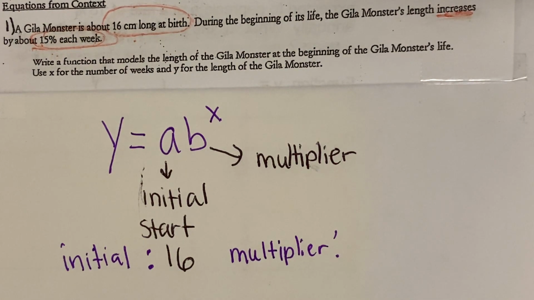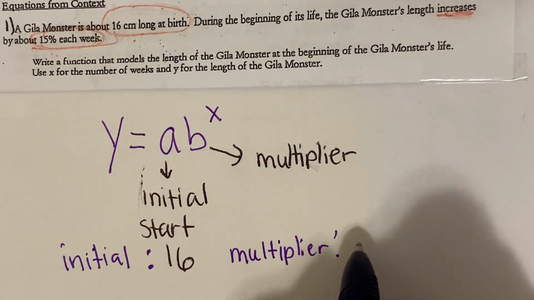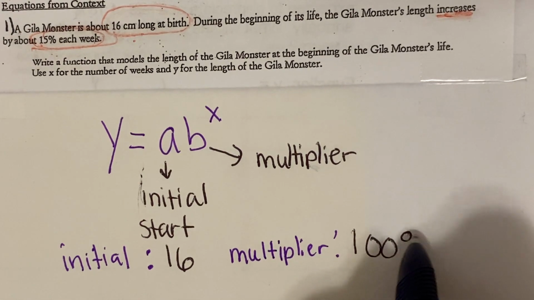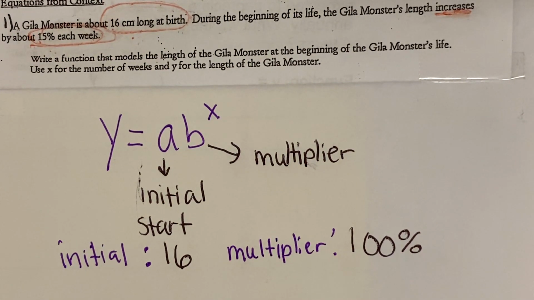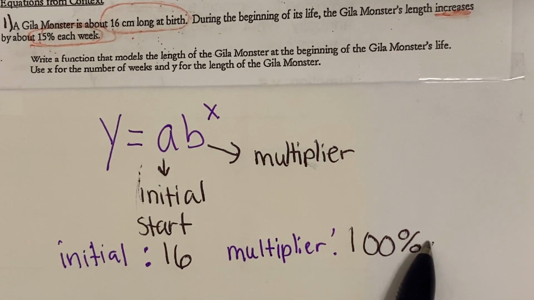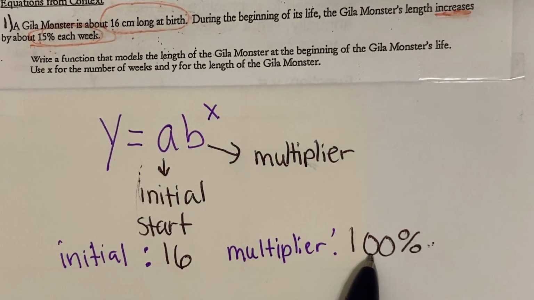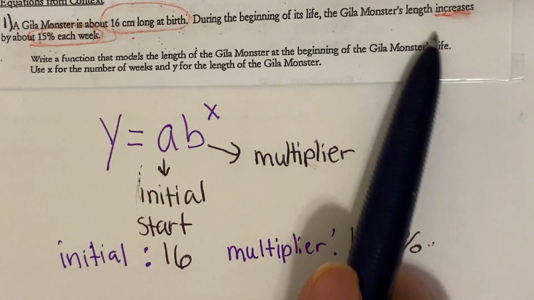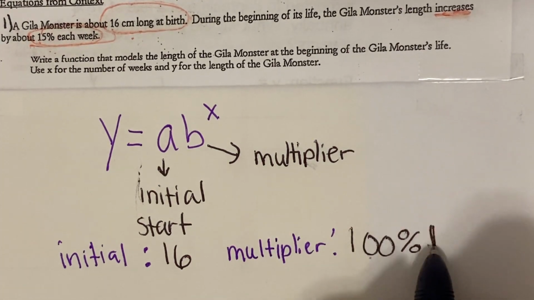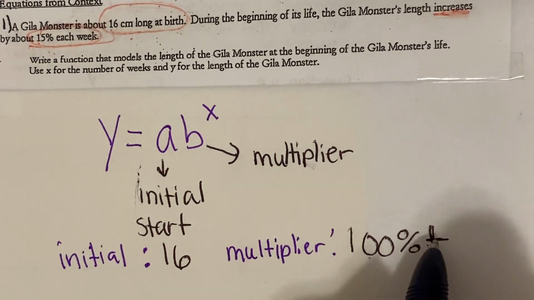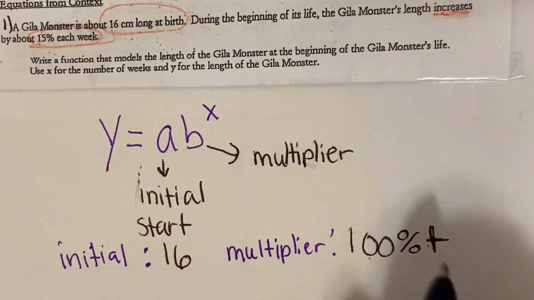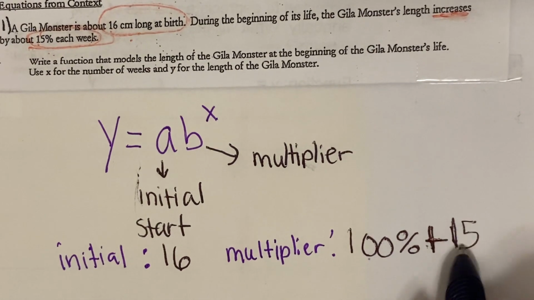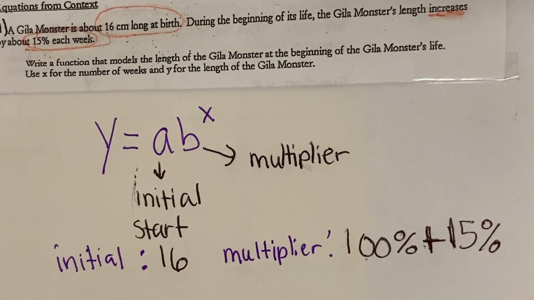So again, we always start off with 100% whenever we're talking about our multiplier. Okay, and then either we subtract or add from this 100%, depending on our problem. Here it's telling us increase, so I know I'm going to add. Right, so what are we going to add? It's increasing by 15% each week, so I'm going to add 15% to my 100%.